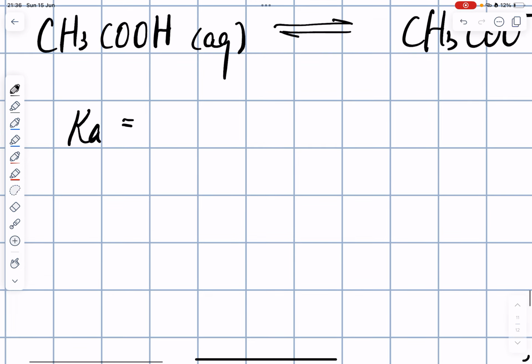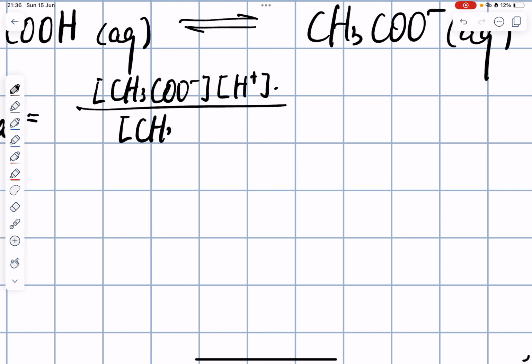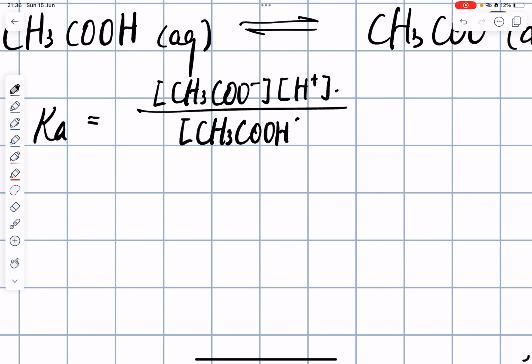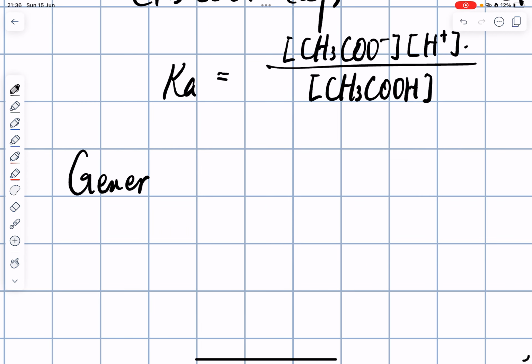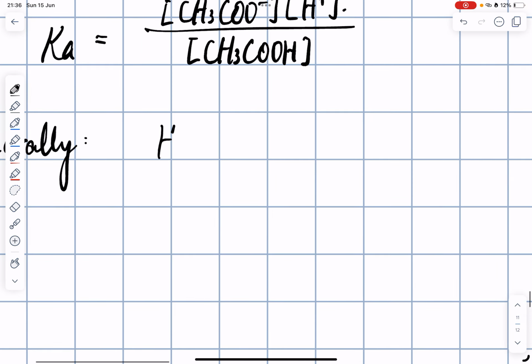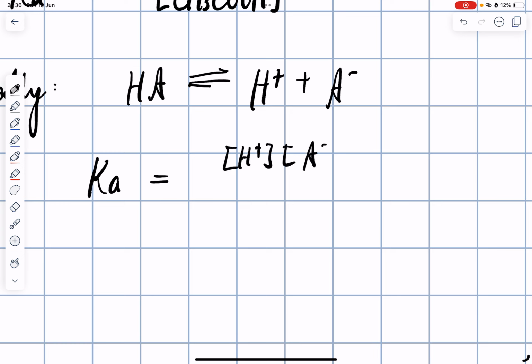Ka equals to concentration of this cation, this anion, times concentration of hydrogen plus, divided by concentration of reactant. So generally we can say for weak acid HA, it forms H plus and A minus. So Ka for HA equals to H plus concentration times A minus concentration divided by concentration of HA. That's easy. Yeah.